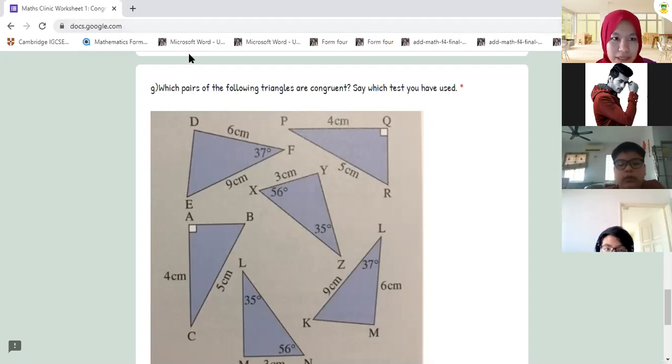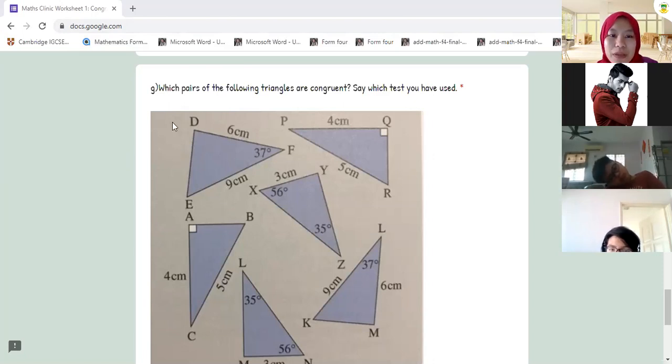Your friend is responding in the Zoom group chat. The rest can drop your response in the Zoom group chat as well. Which pair of the following are congruent? Don't feel stressed if you're not able to answer this. Which of the following triangles are congruent means that you are going to apply all 5 rules. Maybe if they obey one of them, then you can tell that they are congruent.